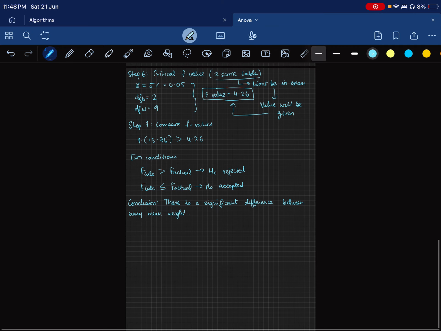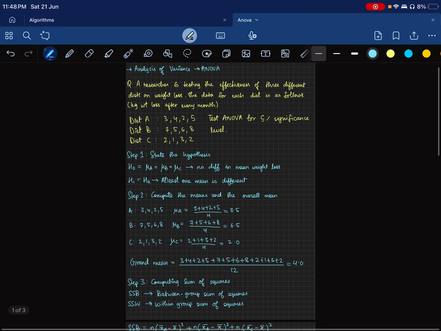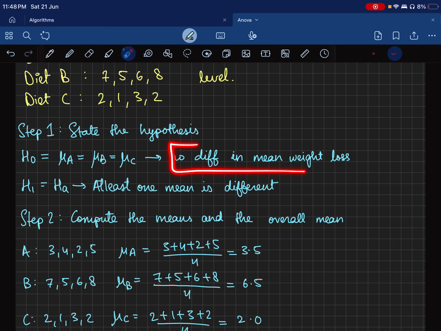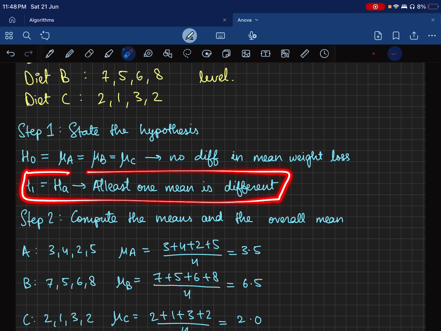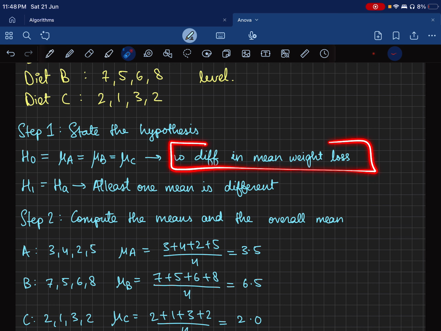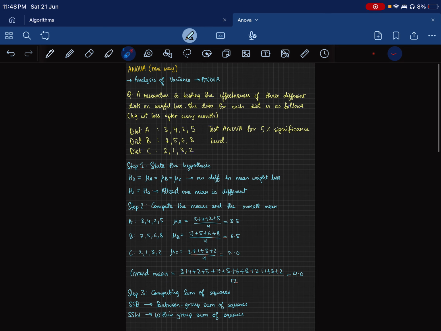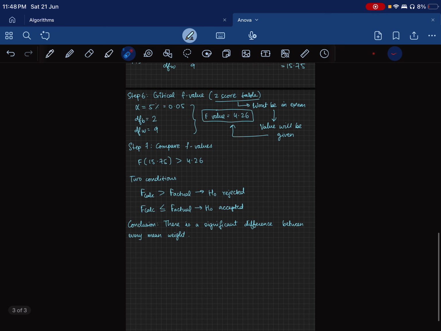So whatever hypothesis you wrote at the start of the question, where you said there was no difference in the mean weight loss, you are rejecting this hypothesis and telling that this is true and not this. This is not true, this is true. That is what you are verifying at the end of an ANOVA question.